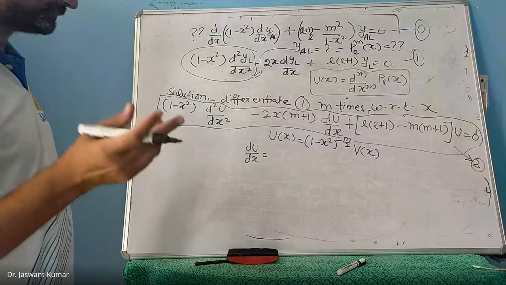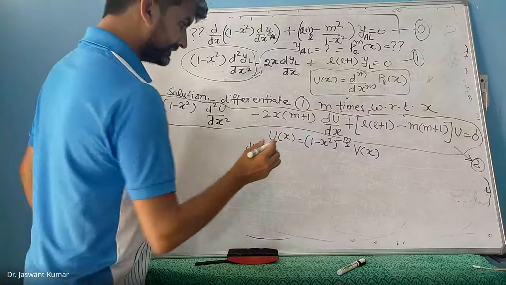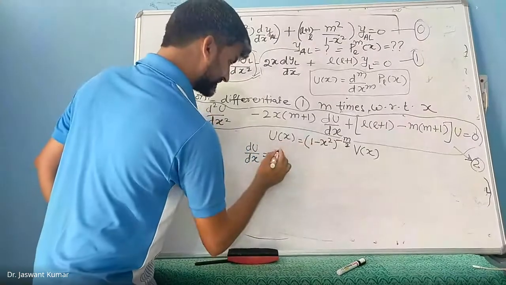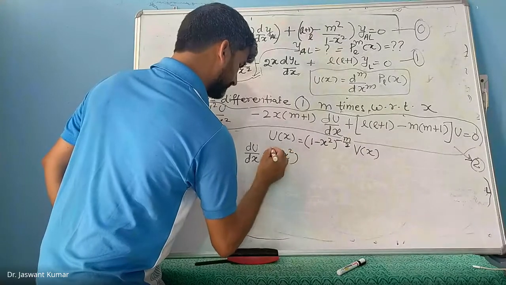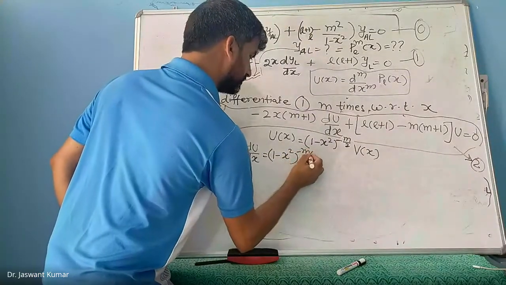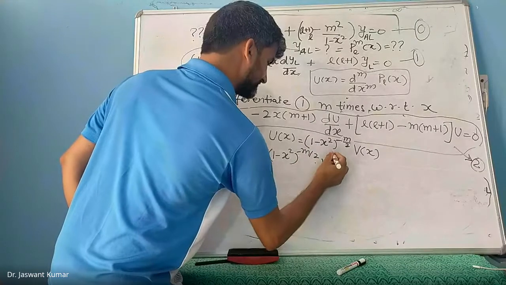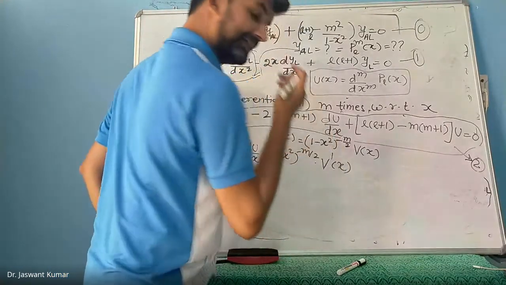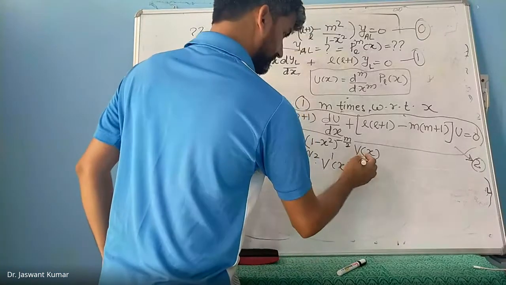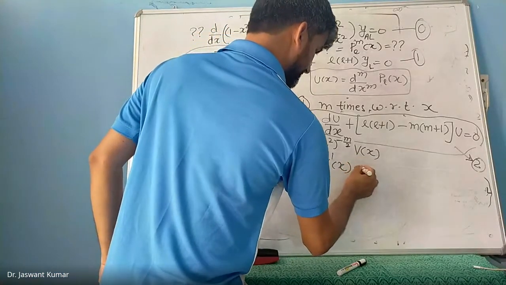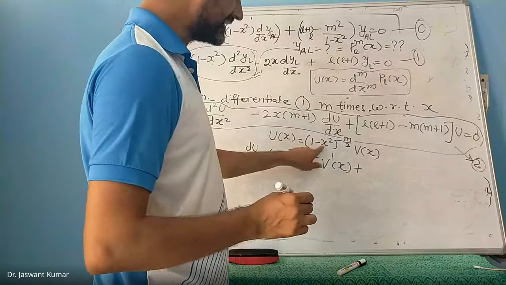Now you people will start shouting. Please tell me. Let us take this to be the first term. So this is (1 minus x square) to the power minus m by 2 into v dash of x. V dash of x is like dv by dx. Plus d by dx of this into v of x.